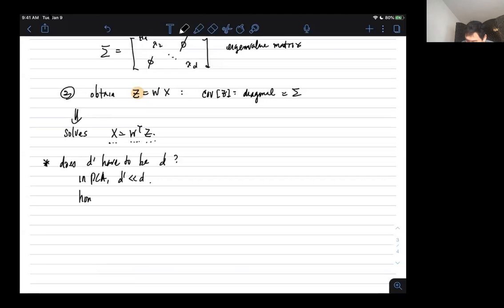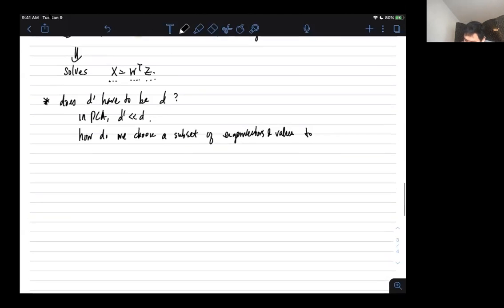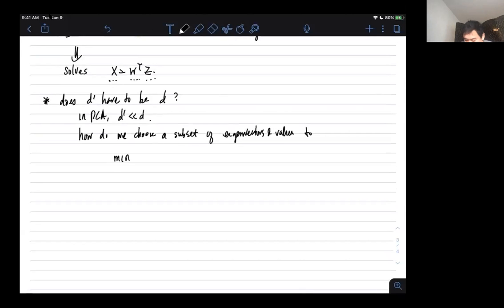That is, how do we choose a subset of eigenvectors and values in order to minimize W and Z, where X minus W transpose Z in terms of the Frobenius norm is minimized?